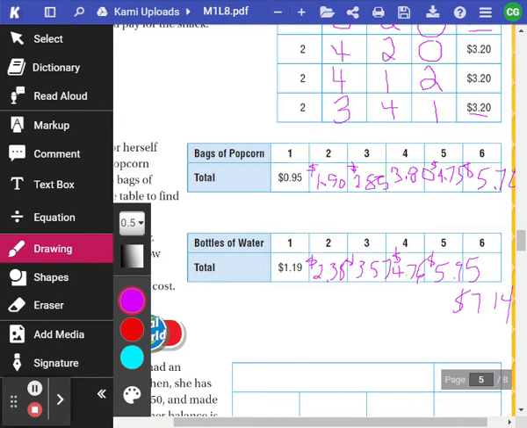All right, so now let's go ahead and multiply that out to make sure that what I wrote is the same. So we had $1.19. I'm going to multiply that by 6. So 9 times 6 is 54. Do I end in a 4? Yes. So 6 times 1 is 6 plus 5 is 11.